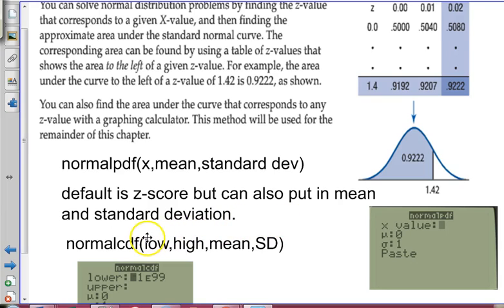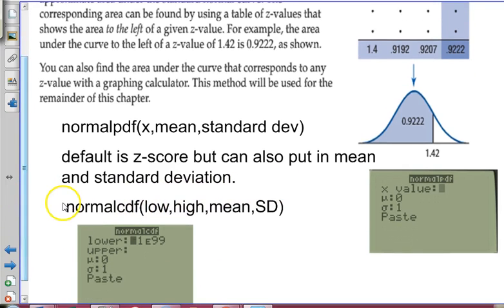All right. If we're going to use the CDF, which is when you want to find, if you notice here, an upper and lower, so you want to find the area in between two things, not at exactly one point. So in between two values, it will default to, I think it actually says -1E99, which just means 0, really tiny, okay, gone, to whatever upper value you put in, and it defaults to a z-score, but we can type in a value and put in a mean and standard deviation.